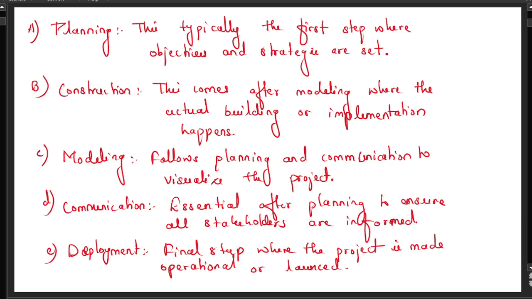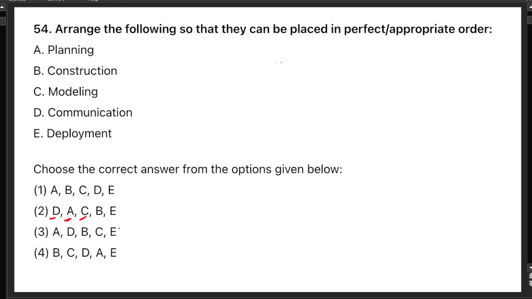And after that, it will be B, which is construction. D here is communication and B here is construction. And after that comes E, which is the final step, deployment.